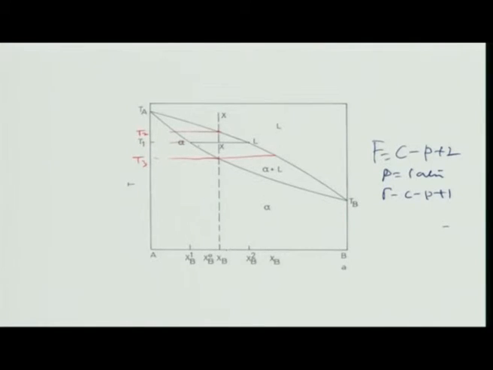Let us use a symbol capital C for the point where this tie line intersects the solidus, and this is at point capital D on the liquidus. So C and D are the two points where this line intersects solidus and liquidus.